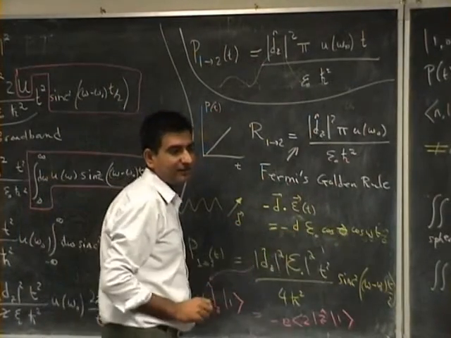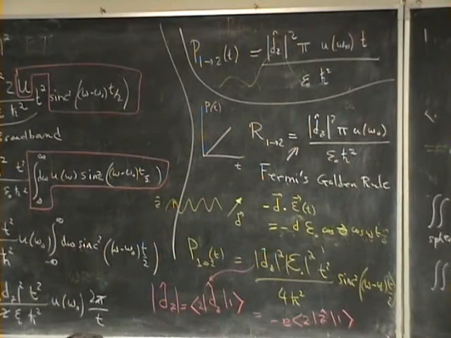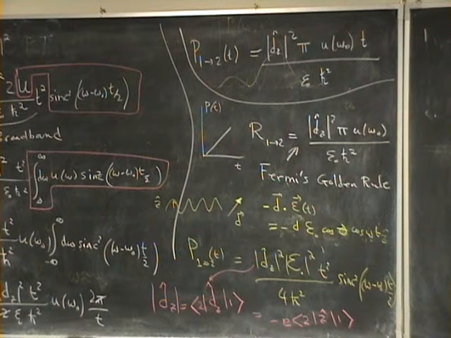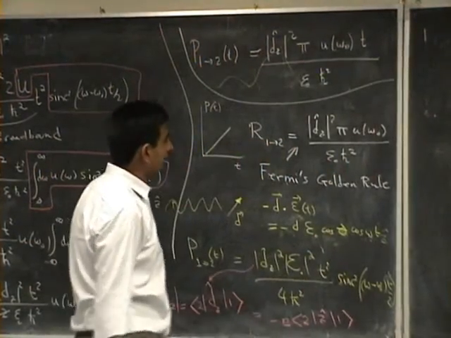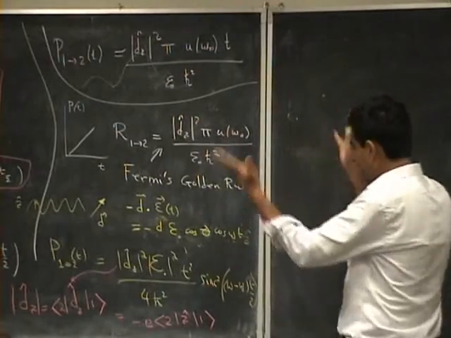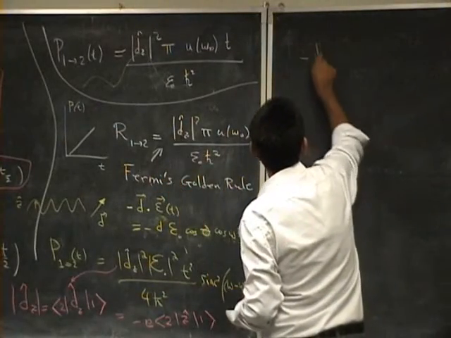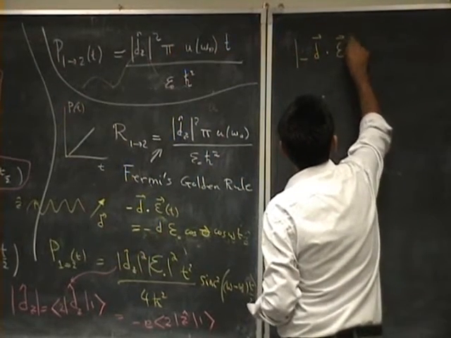This d cosine theta is dz. अगर इसको देखो, if I have a distribution of dipole operators, I would really like to find the d dotted with E average value, right?